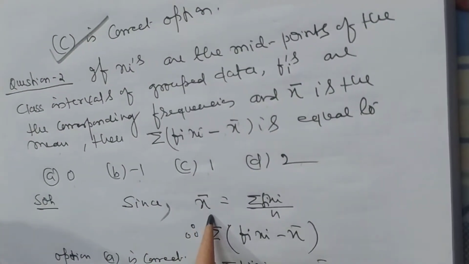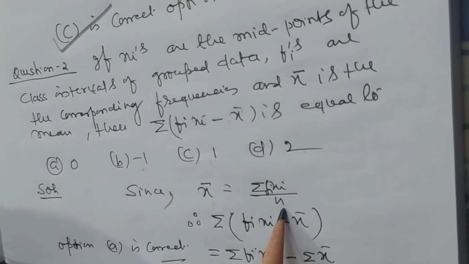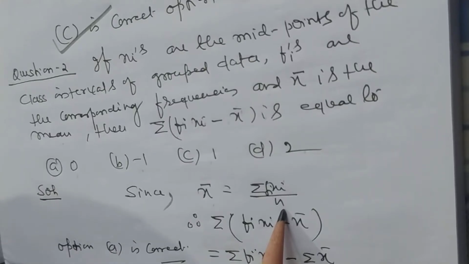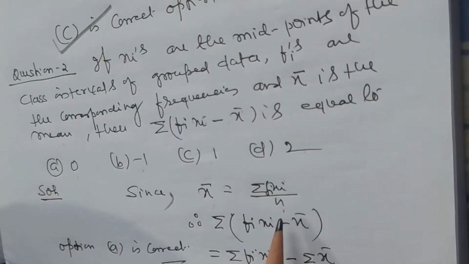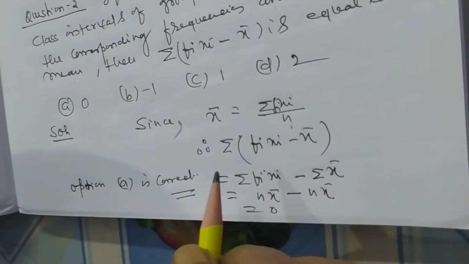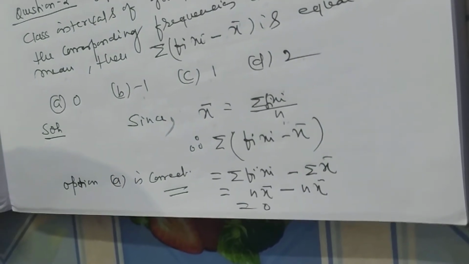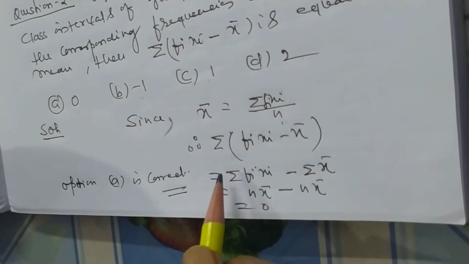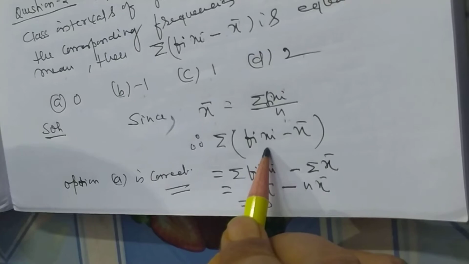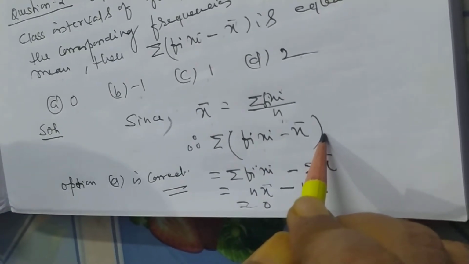Since x bar is equal to sigma fi xi by n, where n is the number of observations.